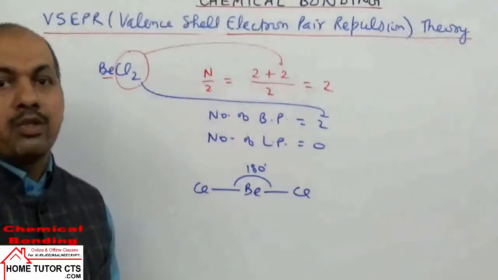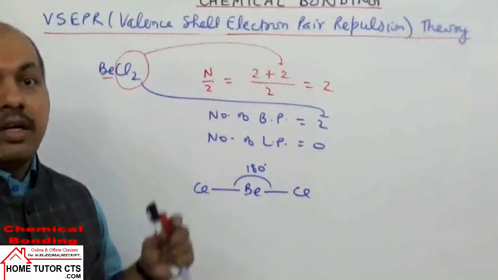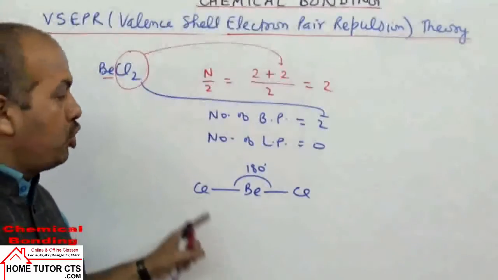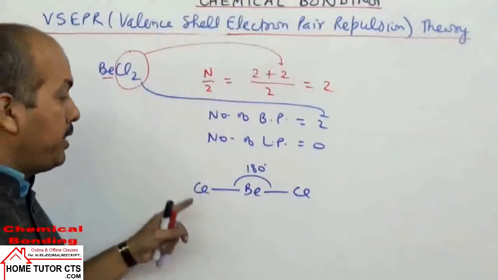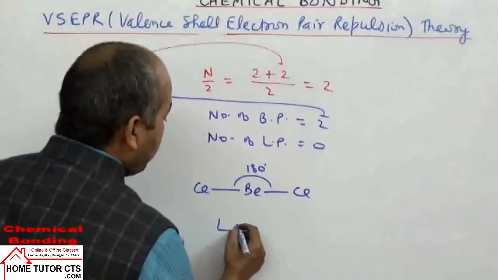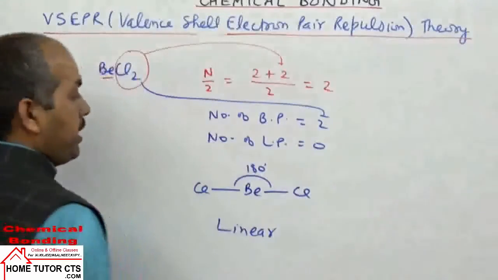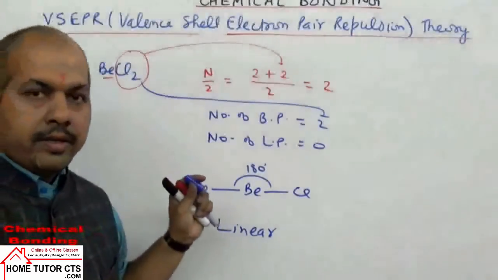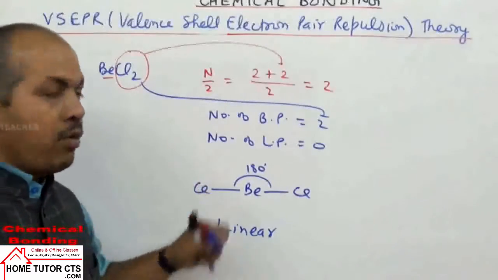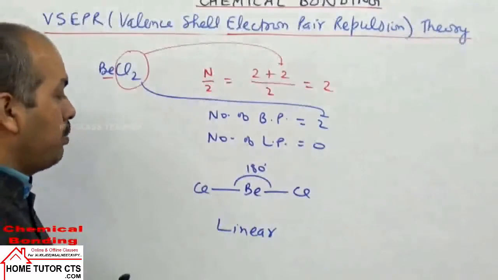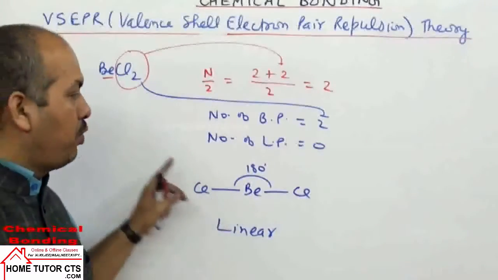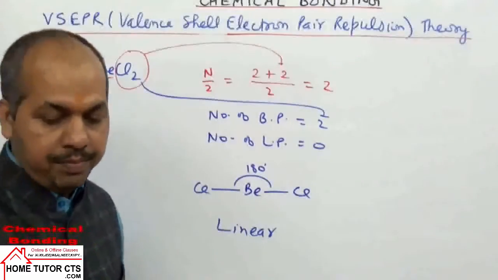Because when we have only 2 bond pairs, to have the least repulsion the geometry should be linear. When the geometry is linear, the bond angle is 180 degrees, repulsion is lowest among the bond pairs, and this is the most stable arrangement for 2 bond pairs around the central atom.